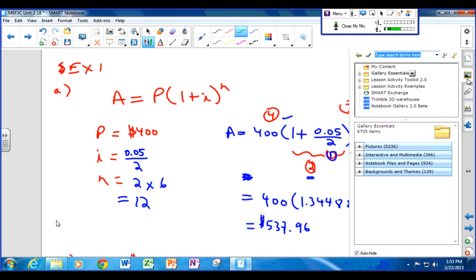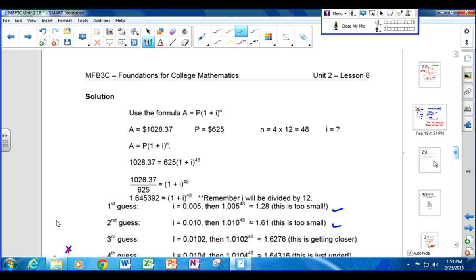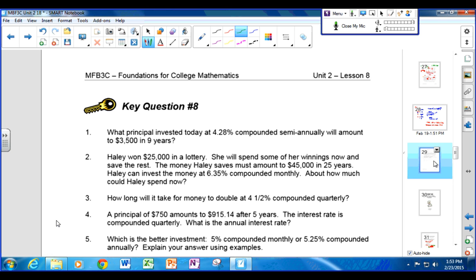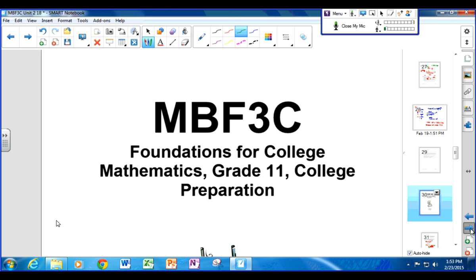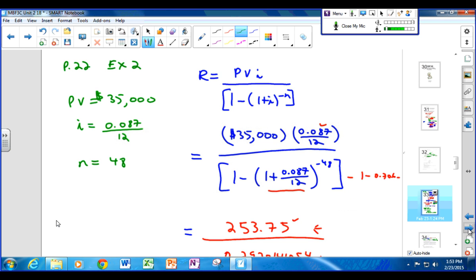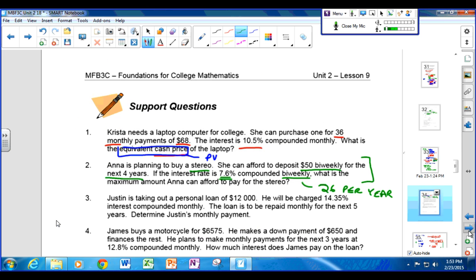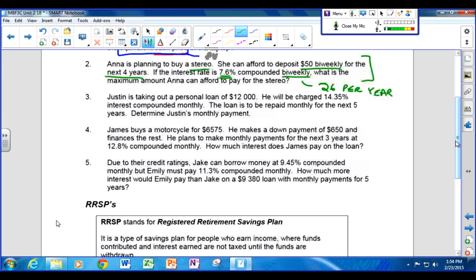Okay, well, let's get back to our example here. We were just getting started, and we might even have to wrap it up before we get too far. So this is Anna. Anna's planning to buy a stereo, and we know everything we need to know here.